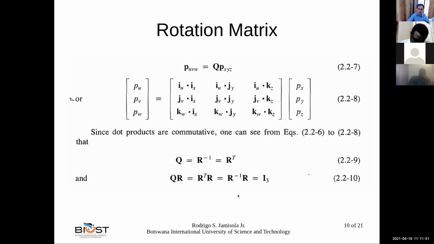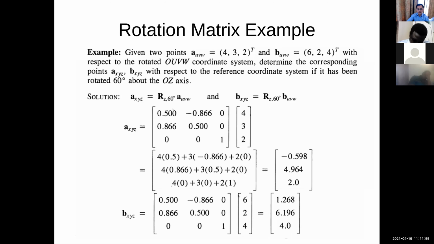I give this one as an exercise in your lab to prove that this is an orthonormal matrix, orthogonal and unitary, and the inverse of an orthonormal matrix is its transpose.